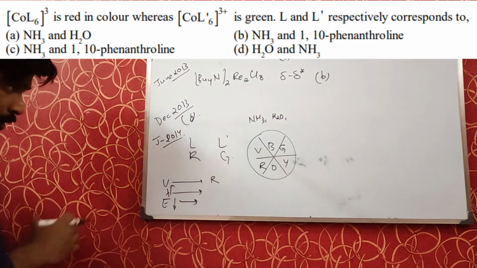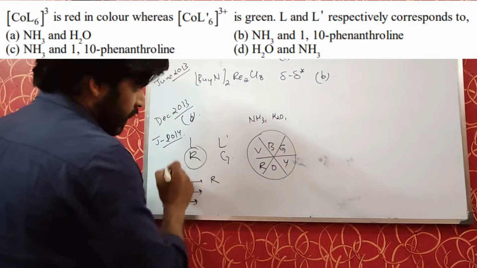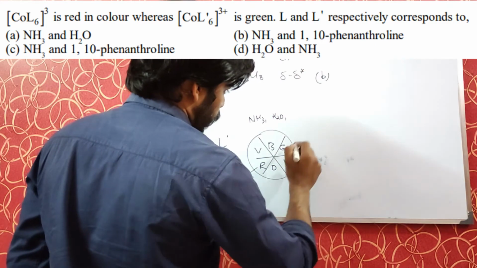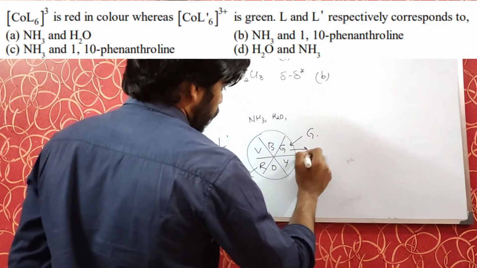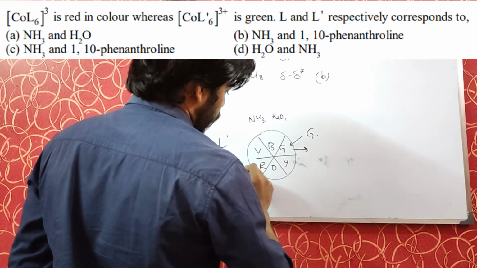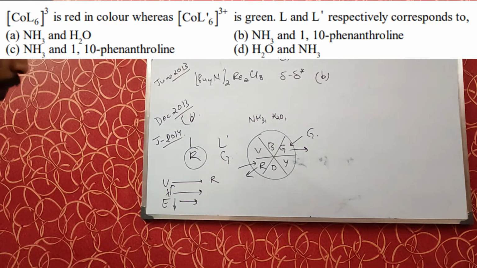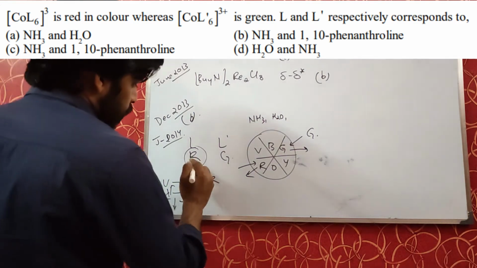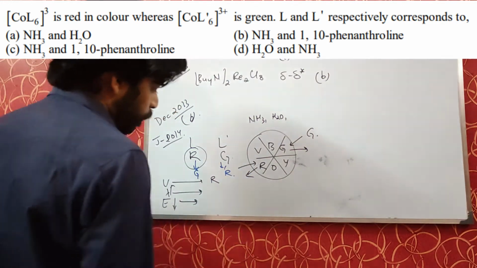So if this is red in color, that would mean this absorbs green, and if this is green in color, that would mean that this absorbs red. That would mean this absorbs green, this absorbs red.